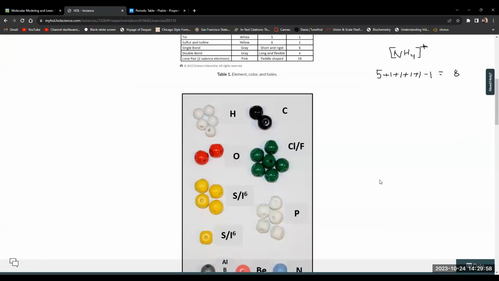So now let's draw this. We have nitrogen here. 1, 2, 3, 4, 5. And then we have 4 hydrogens.